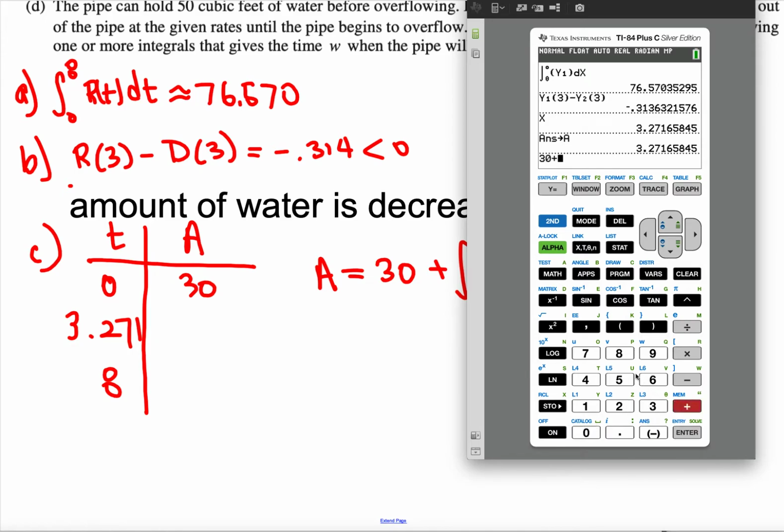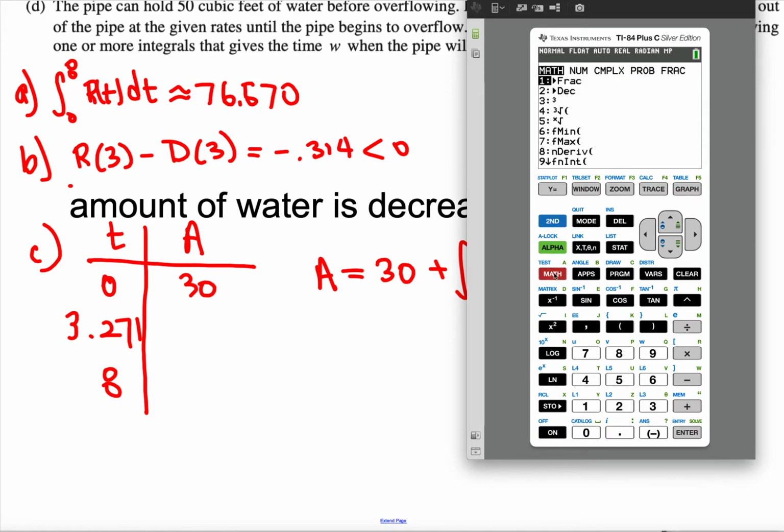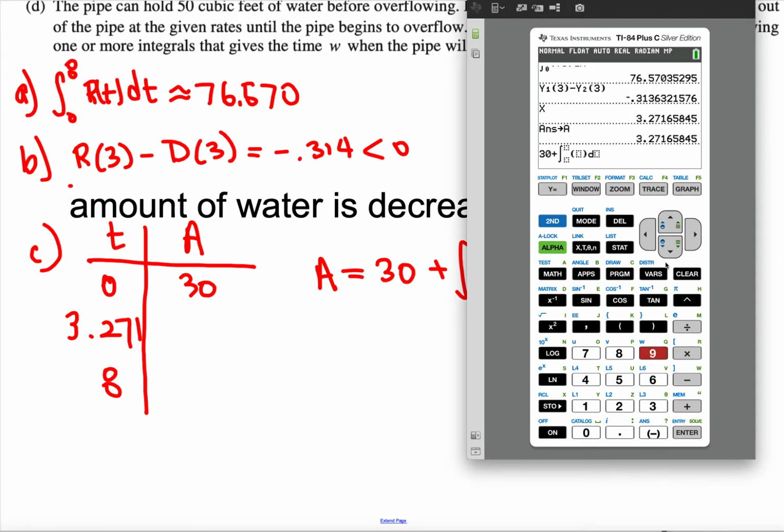So I'm going to calculate 30 plus math integral, which is number 9, from 0 through, first I'm going to go for A because that's how we stored it, of y sub 3, because that's where we put y sub 1 minus y sub 2 from our previous calculation, and then dx. Then we get 27.965.